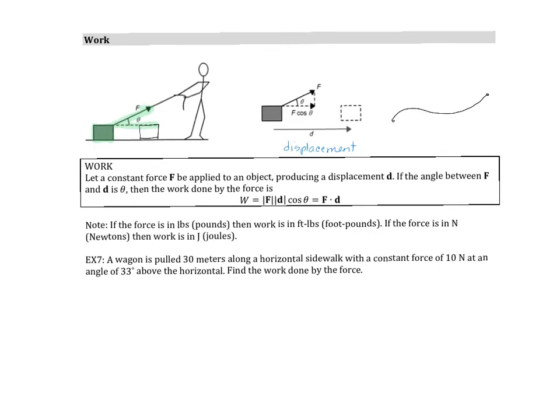The displacement is the straight line distance from the starting point to the ending point. Okay? That's different than the distance of the curve. So the curve itself, which would be this black line, the distance along the curve is not the displacement. So remember, displacement is just a straight line distance, and in this case we're going to be using a horizontal distance from the starting to the ending point, and that measures how much work is done.